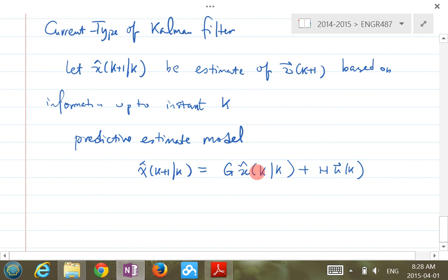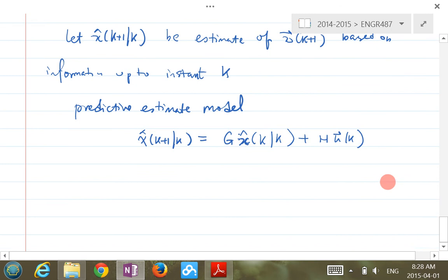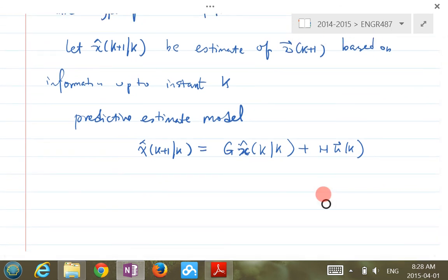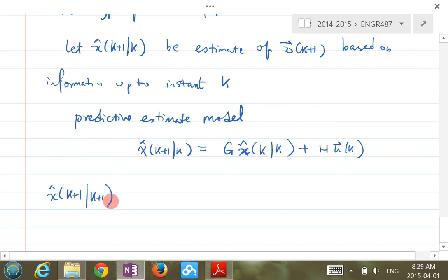Now on the left side you have the notation x hat k. You should compare it to this definition here. If x hat k plus 1 given k is the estimate based on information only up to instant k, then we also have x hat k plus 1 given k plus 1, with information up to k plus 1.